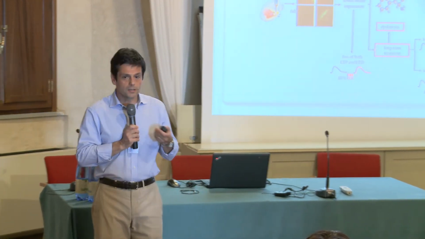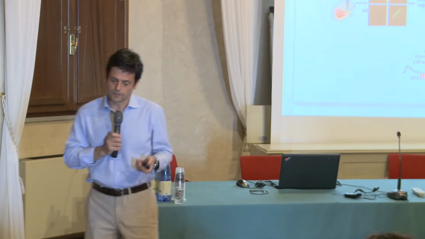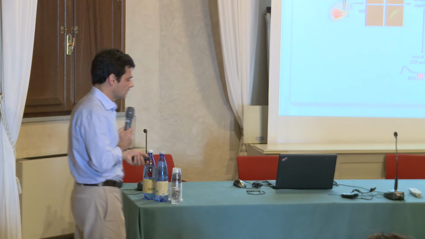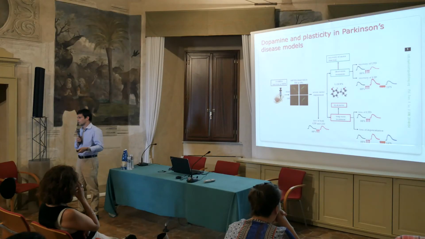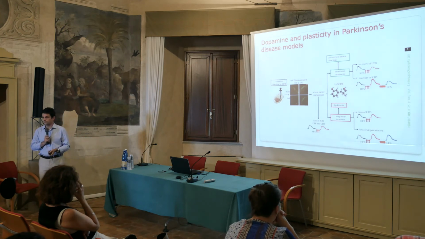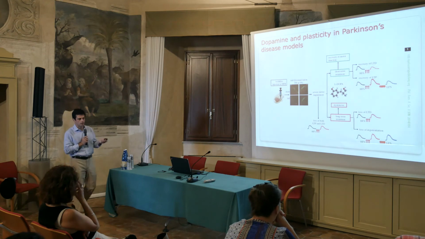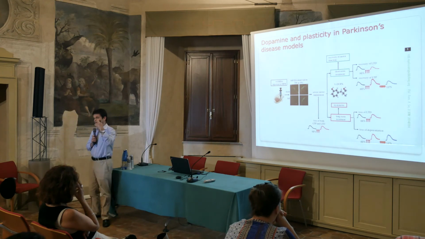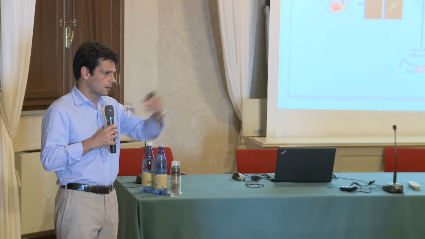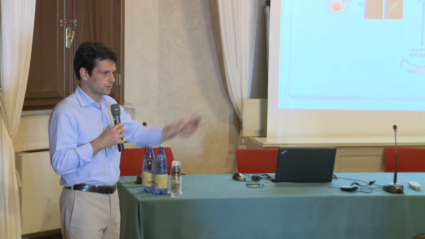So the traditional model of basal ganglia, of animal models of Parkinson's disease, is the use of toxins. Especially in rodents, the 6-hydroxydopamine lesion in the medial forebrain bundle eliminates most of the dopaminergic innervation of the striatum.